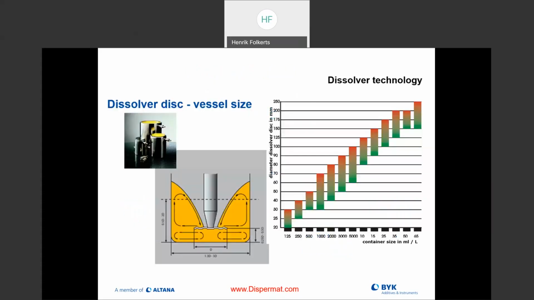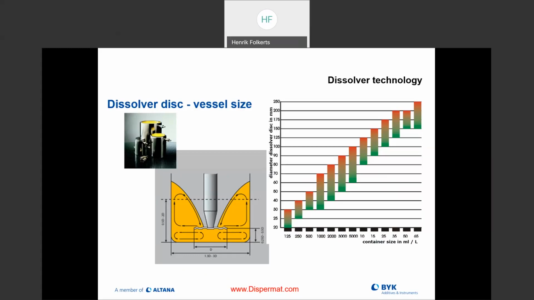So we also want to look at the diameter of our milling or dispersing blade, and it has to be about 1/3 of our container diameter. That's ideal. We have some flexibility there depending on the viscosity of our product, our rheology, how it flows, and basically we can make some small changes there to optimize the flow of our product and to get the most shear forces introduced into our mill base.